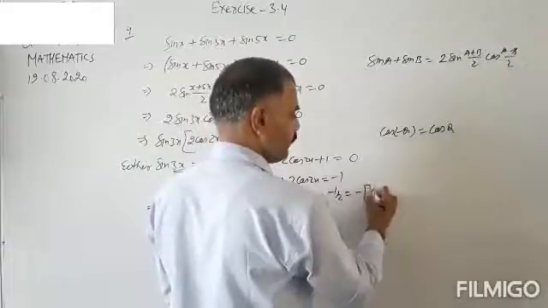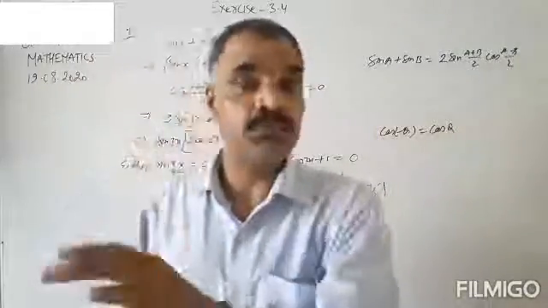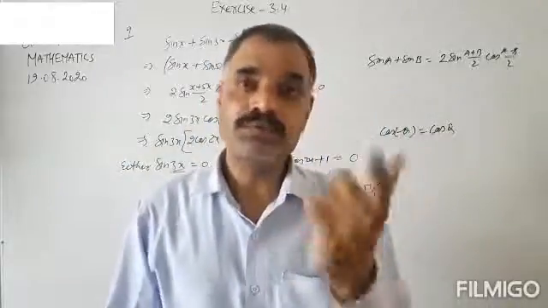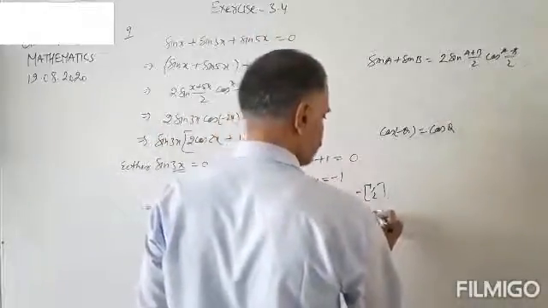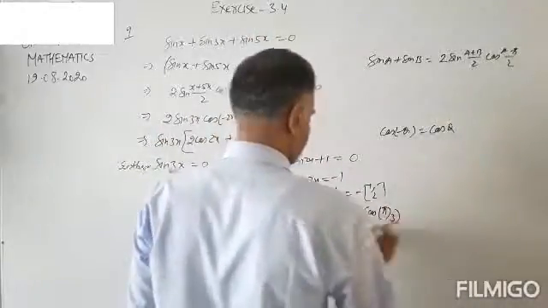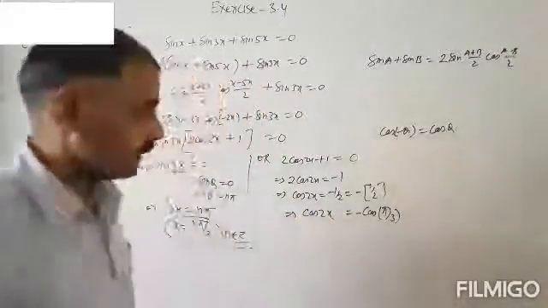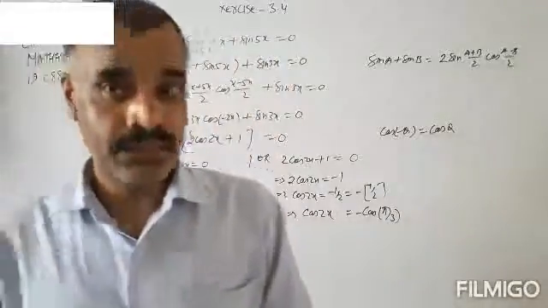So it is 1 by 2, and 1 by 2 equals cos 60 degrees, cos pi by 3. So cos 2x equals minus cos pi by 3.